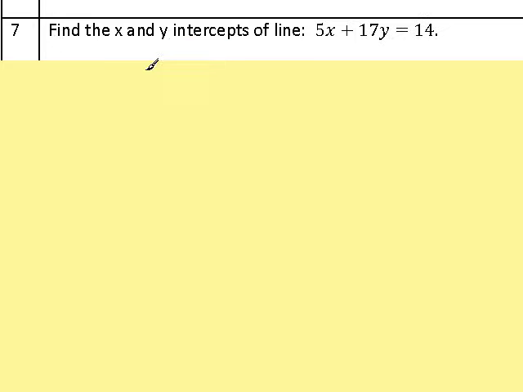In number 7, we want to find the x and y-intercepts of this line. So remember, the x-intercept has y-coordinate 0, and the y-intercept has x-coordinate 0.